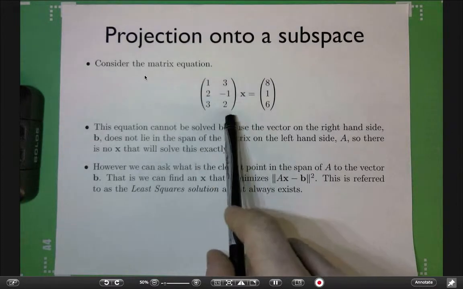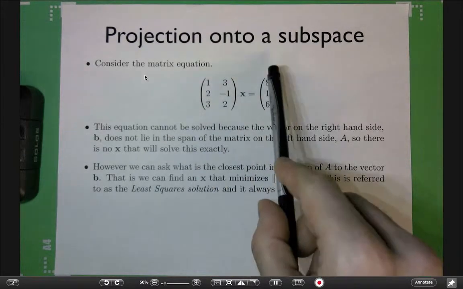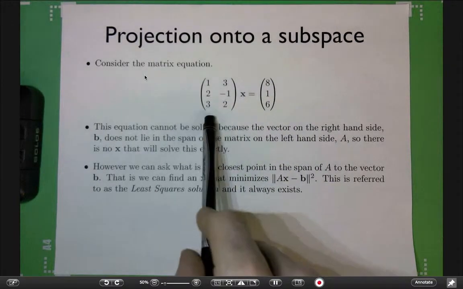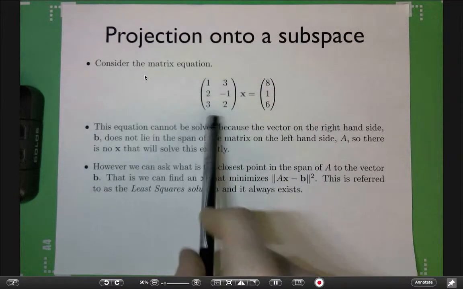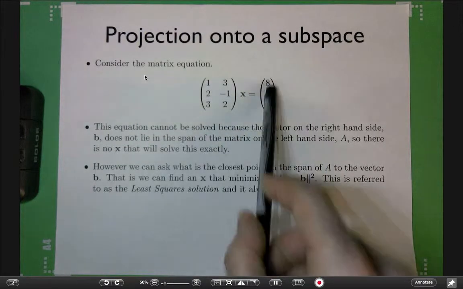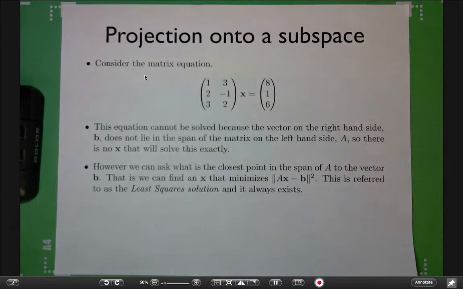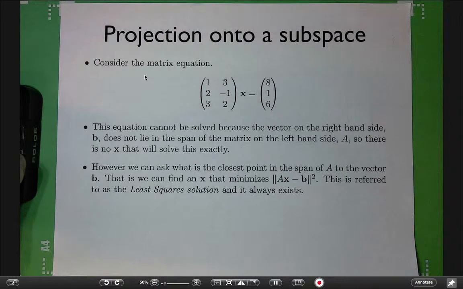We know the solution exists only if the right-hand side vector is in the column space of this matrix, right? In this case, it is not true. This vector is not in the column space of this matrix, so there is no solution. Linear algebra just tells us that. End of story from the math point of view, right? As far as mathematicians are concerned, that's it.